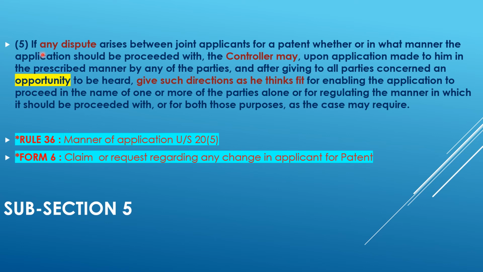Subsection 5 says, if any dispute arises between joint applicants for a patent, whether or in what manner the application should be proceeded with, the controller may, upon application made to him in the prescribed manner by any of the parties, and after giving to all parties concerned an opportunity to be heard, give such directions as he thinks fit for enabling the application to proceed in the name of one or more of the parties alone, or for regulating the manner in which it should be proceeded with, or for both those purposes as the case may require.